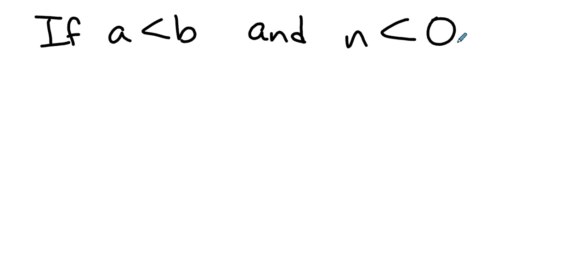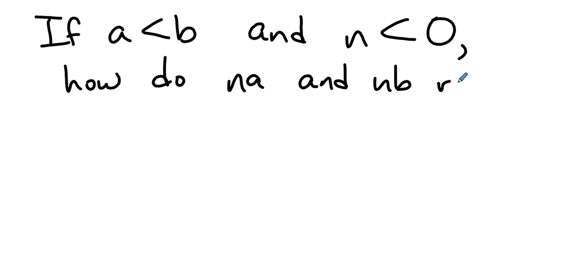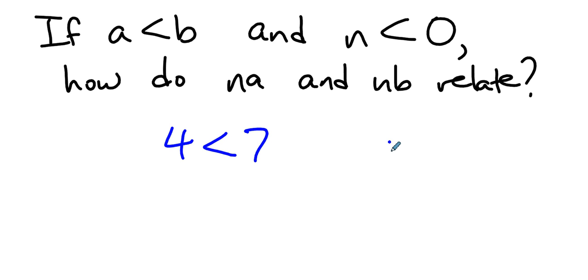But what if a is less than b and n is some negative number? How do na and nb relate? Well, let's suppose that 4 is less than 7 and n is some number like negative 2.